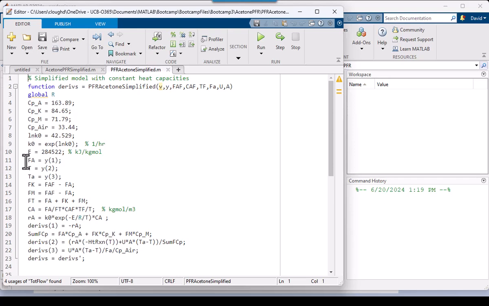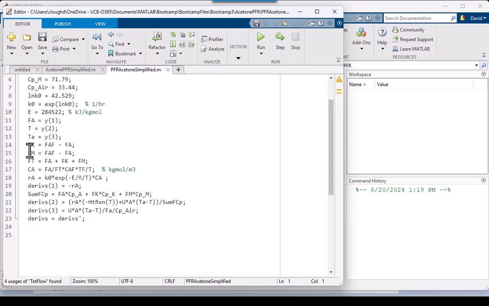And then we unpack our Y variables into the flow rate of acetone, temperature of air. We compute using stoichiometry our flow rates for ketene and methane, and then our total molar flow rate. Then we compute the concentration of acetone, as we've shown before, and our rate of reaction.